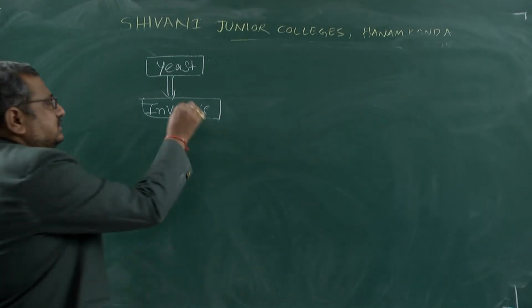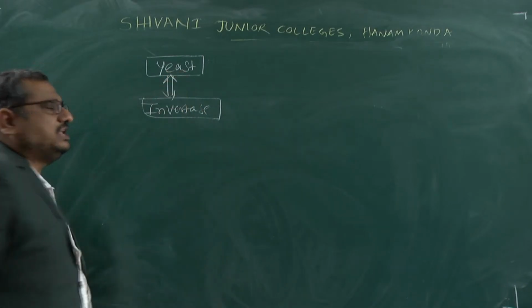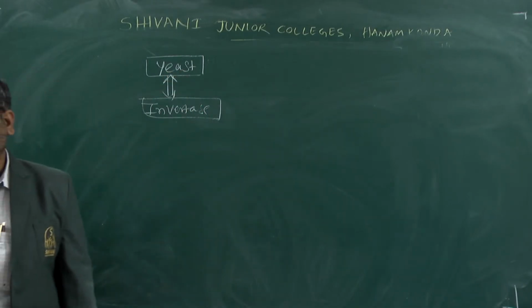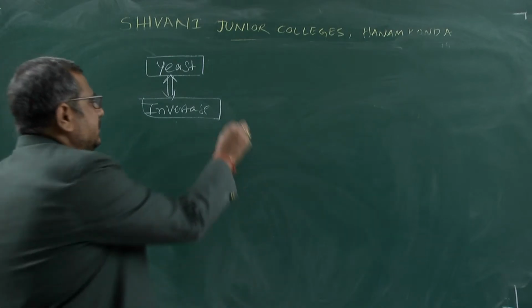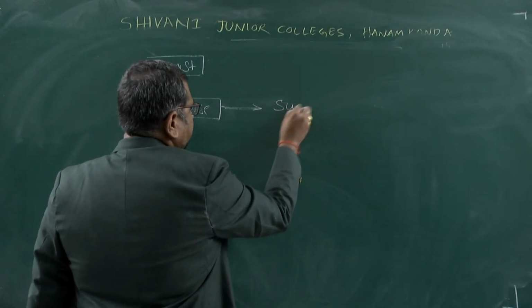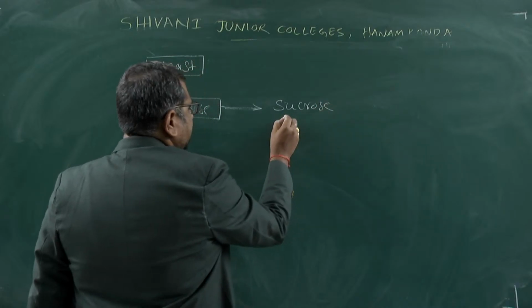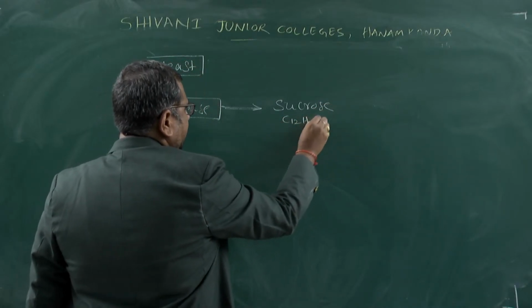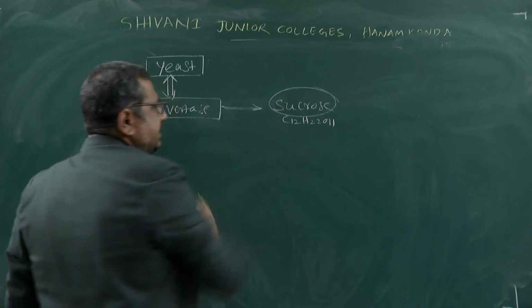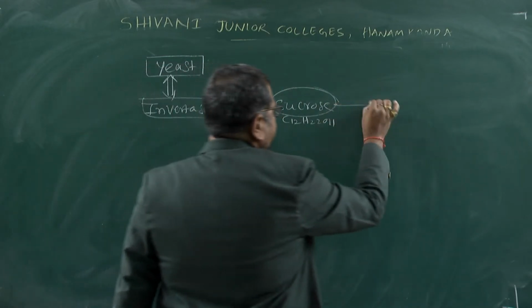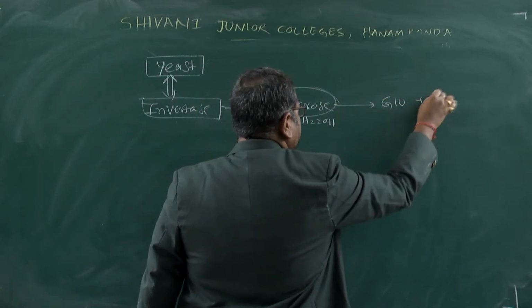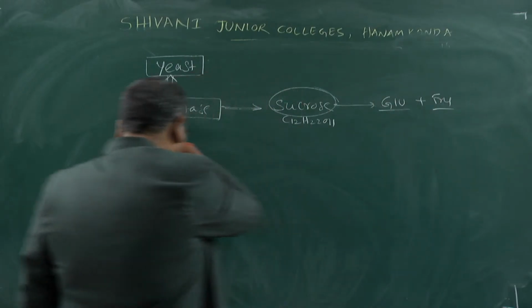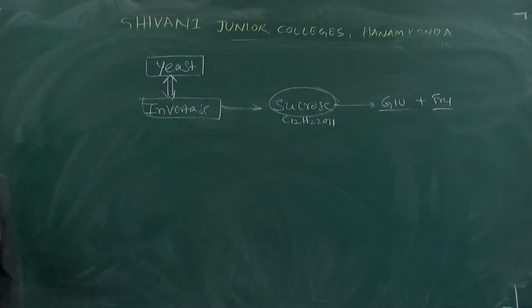Sucrose formula is C12H22O11. The sucrose is converted to glucose and fructose by using which enzyme? Invertase enzyme. If you do not use the invertase enzyme, the enzymatic action will not take place.